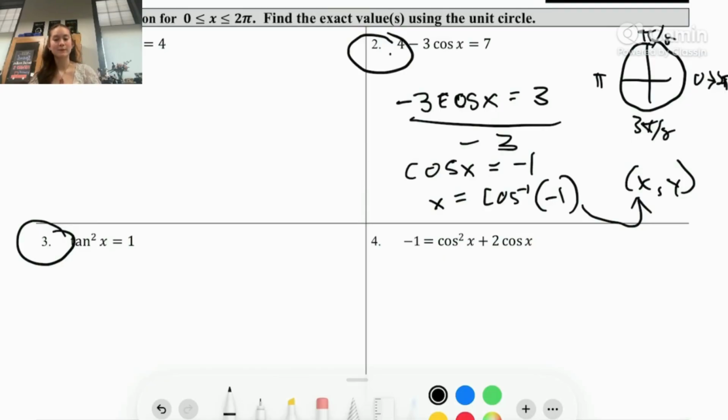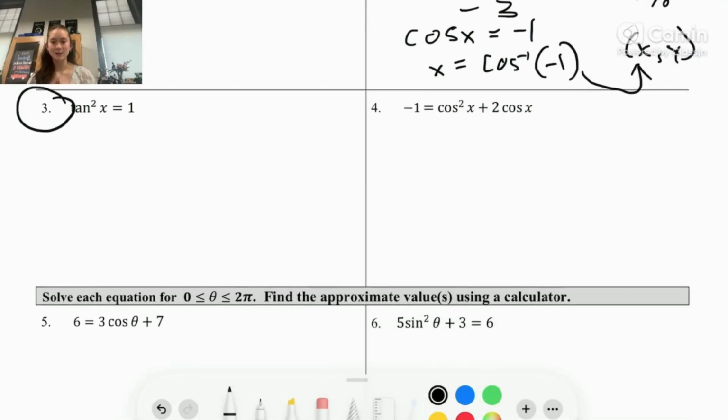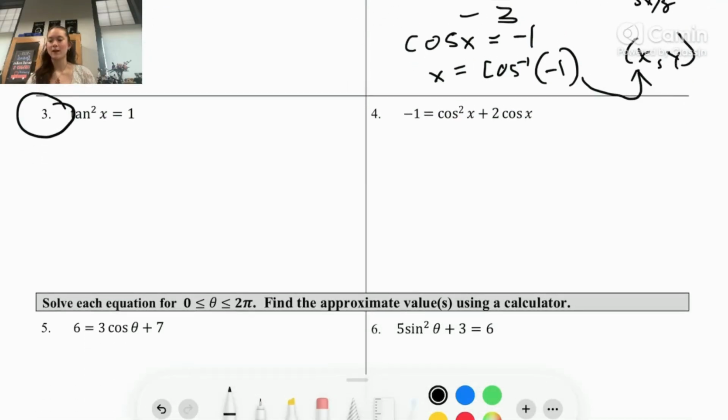Pi over 2 would be 0, 1, and pi would be -1, 0, so that's the correct value. So your answer will be x equals pi. Okay, question 2 done. Next we're going to do question 3.